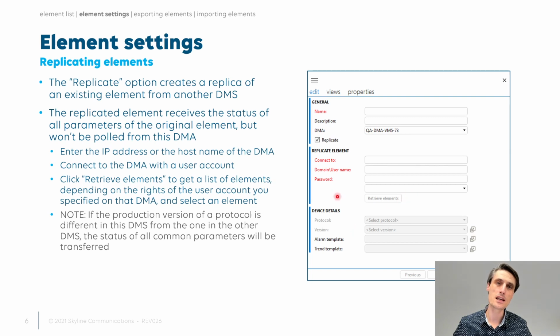So replication is typically a more special case where you want to avoid double polling and more than one DataMiner agent is effectively polling, or you need this data source in more than one DataMiner system.